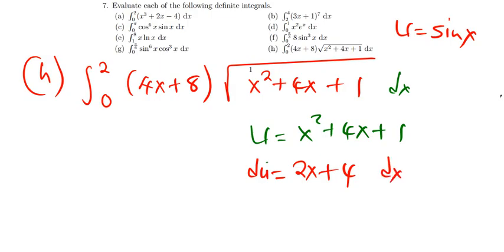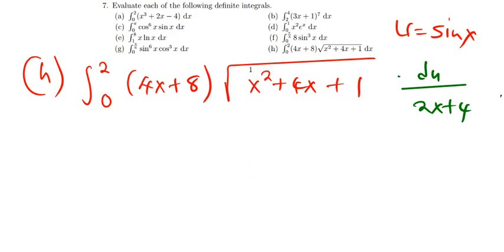While there's dx there, you just substitute the necessary. So that's going to be du over 2x plus 4. Now your 2x plus 4 can be divided twice into the other part. So you have the integral of 2, 0 there, because remember you can just pull out a 2, so that you have 2x plus 4.